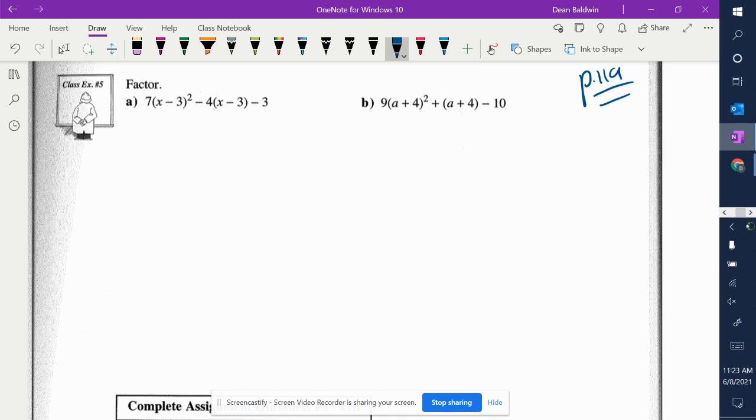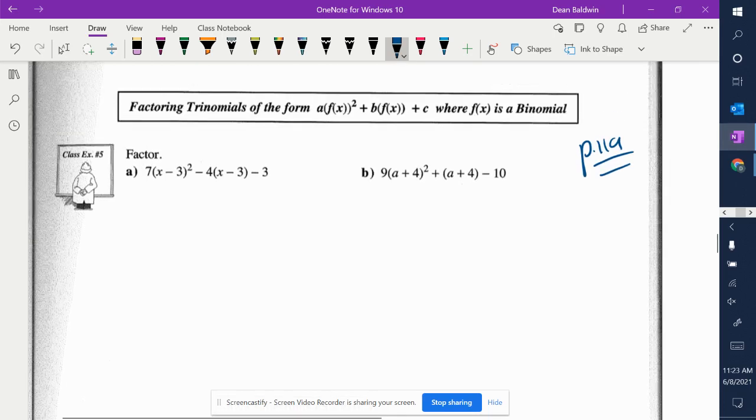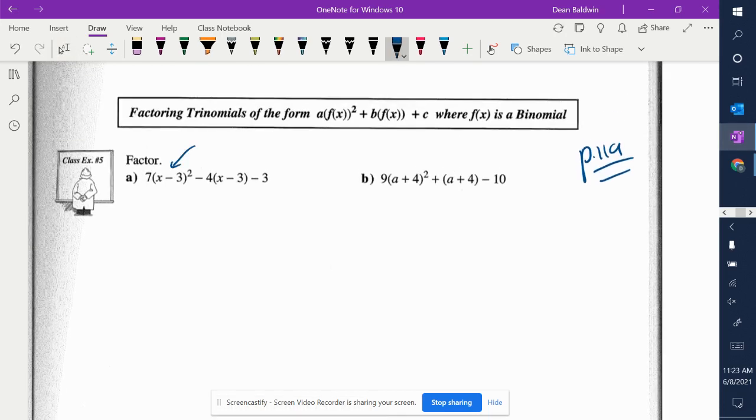Okay? When you see brackets with a bunch of stuff in it, you want to make a substitution to get rid of those brackets and simplify the expression.